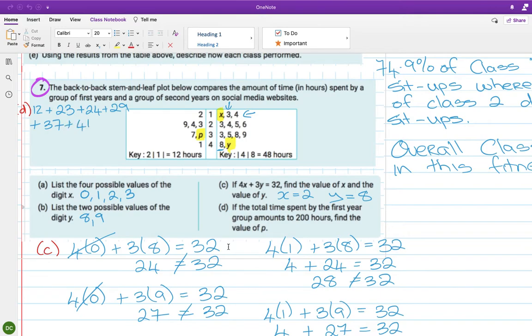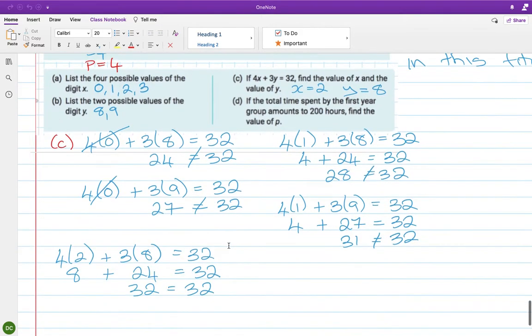Yeah, okay. So 12 plus 23 plus 24 plus 29 plus 37 plus 41 comes to 166. So 200 minus 166 is 34. I knew it was going to be 30 something. So the p is the 4. I like that question.